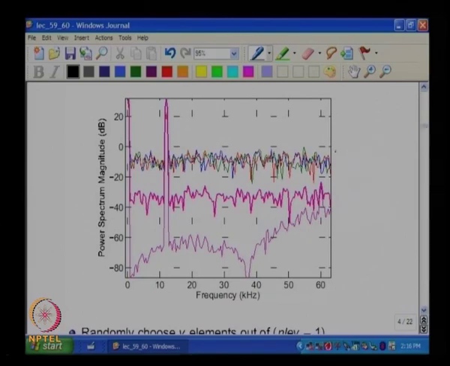Needless to say, when you find the spectra of the individual drive waveforms, we see that they all consist of the signal in the same amounts, right. This makes sense because on the average every unit element is contributing equally to the output, correct.